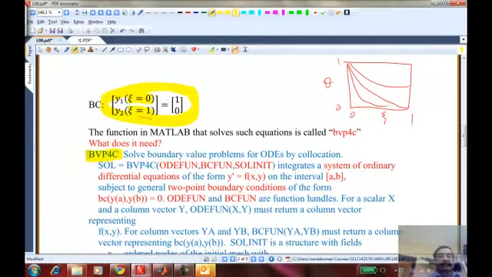And the help, when you print it, says: solve boundary value problems for ODEs by collocation. There will be certain things that you don't understand because you haven't seen what the collocation method is, but at this stage you don't care what method they use. All you want is to formulate the problem and get the solution. As a process engineer, you want to analyze the process.